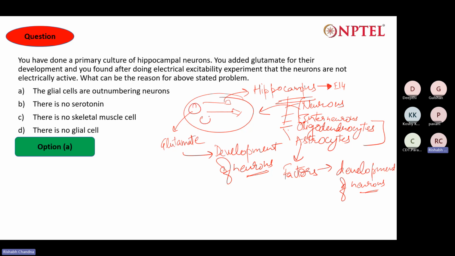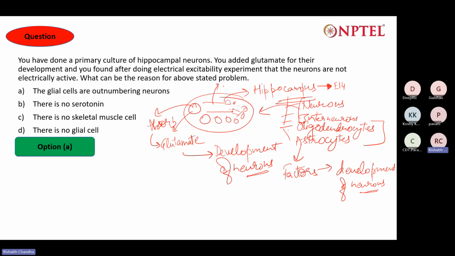So if there are more glial cells in the neuronal culture, what will happen? They will basically absorb the glutamate. Okay, so they act as a sponge for the glutamate. So they absorb all of the glutamate from the culture, so the neurons will not be able to grow or develop in that particular environment.